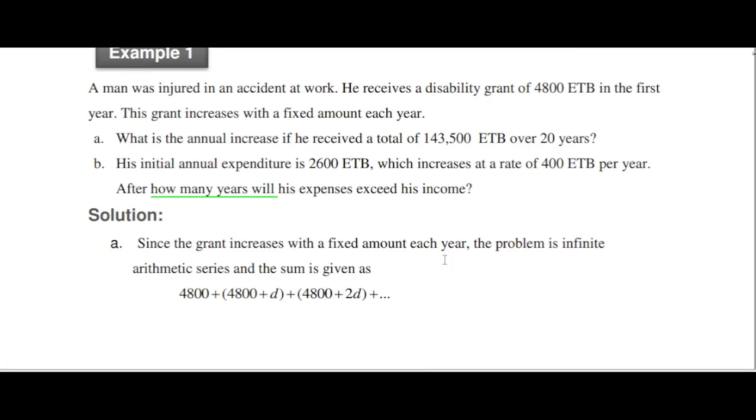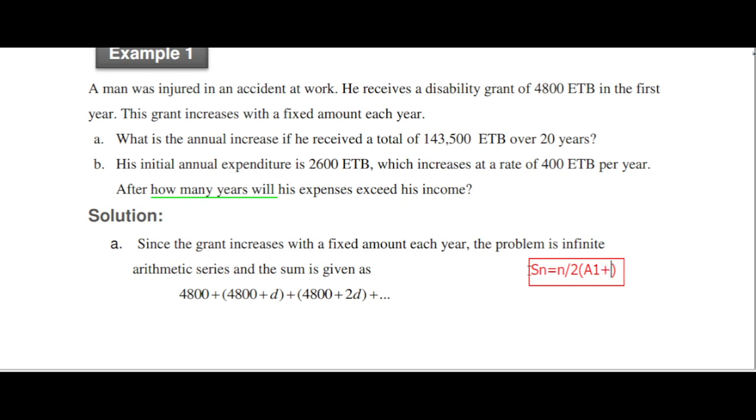In partial sum, you can compute the partial sum using this formula: Sn is equal to n over 2, number of terms, times a1 plus an. A1 is the first term, an is the nth term. So we can replace an by a1 plus n minus 1 times d.